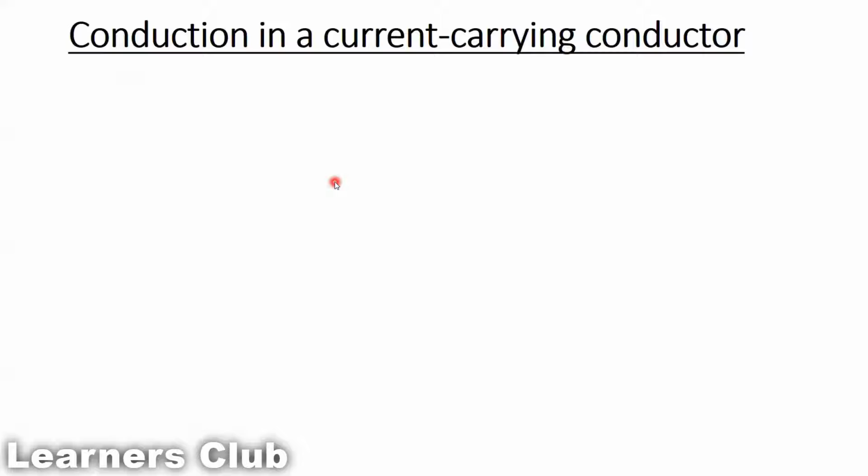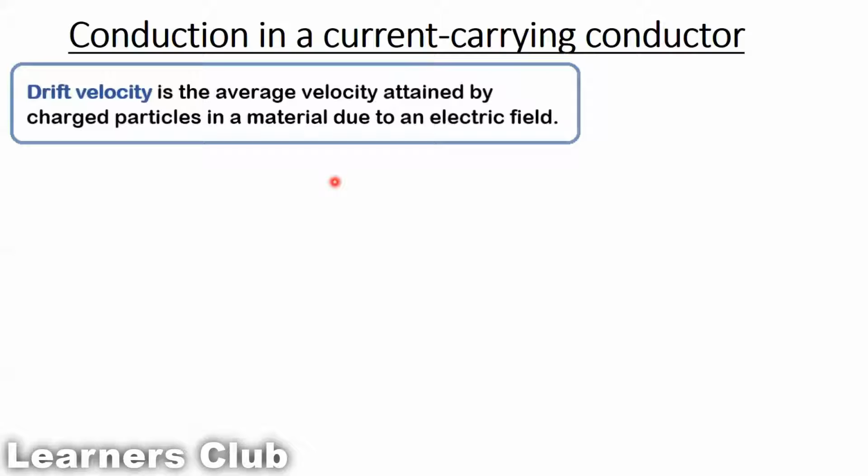Conduction in a current carrying conductor. Drift velocity. Now there is a term called drift velocity. Drift velocity is the average velocity attained by a charged particle in a material due to an electric field.